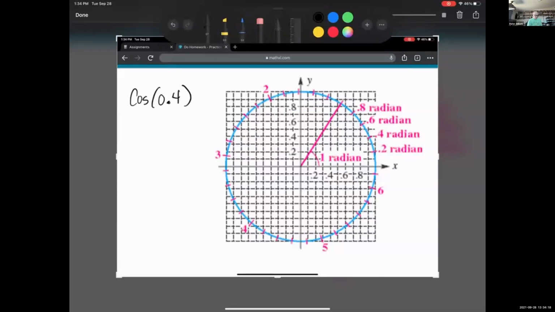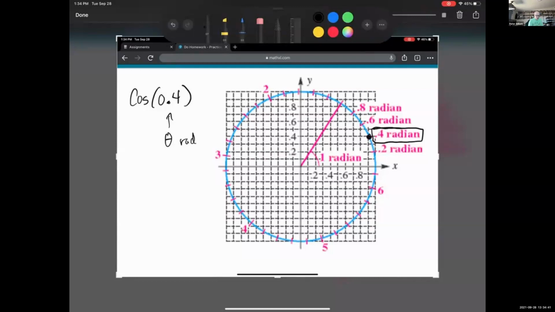Well, again, this is theta in radians, or they're going to talk about the arc length because they've measured the arc length. So 0.4 is right here. And so this is the point they're talking about on the unit circle when you're that far around.